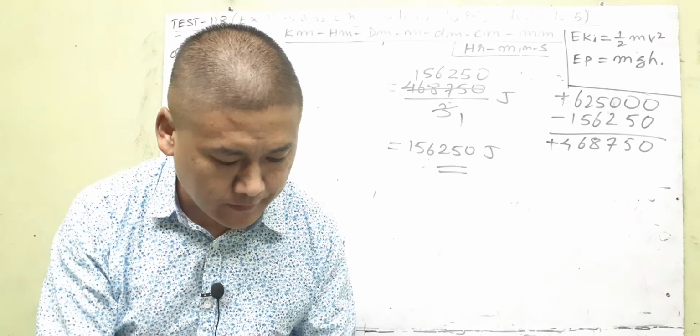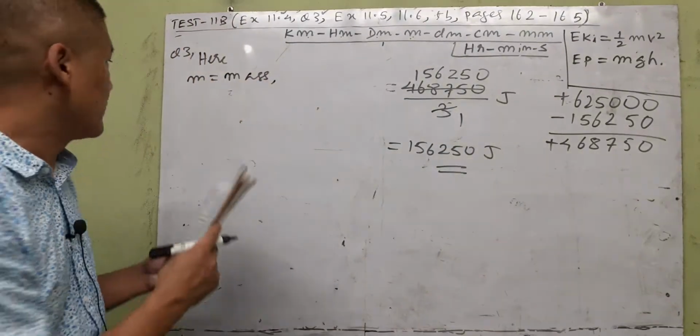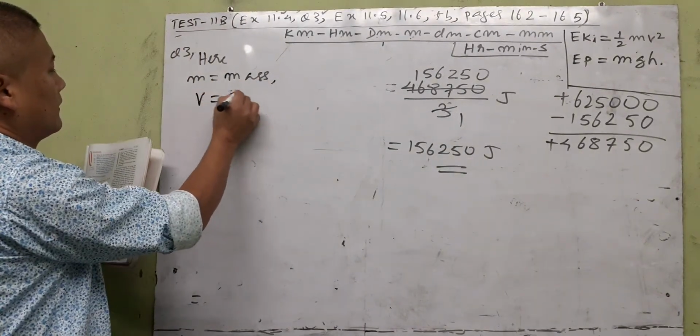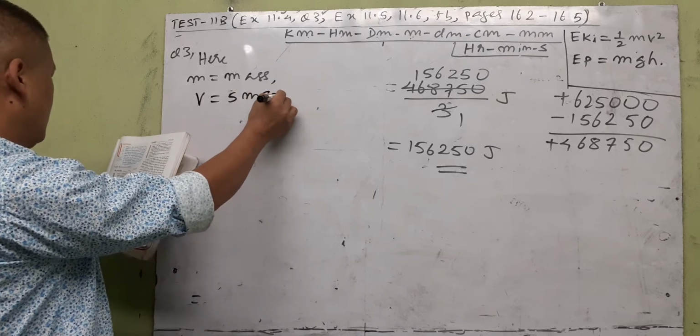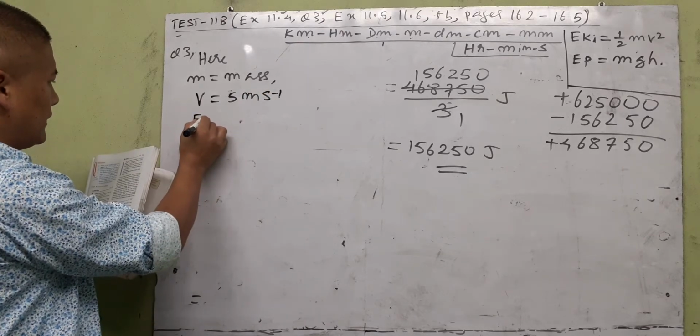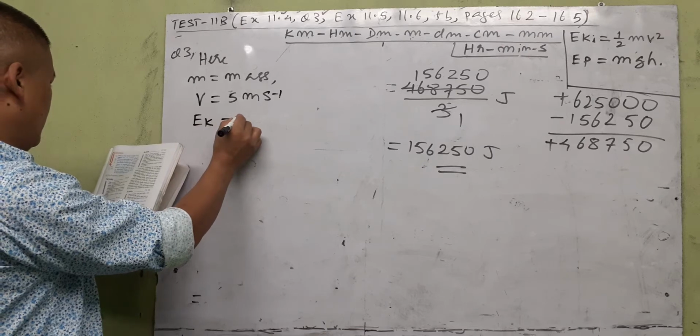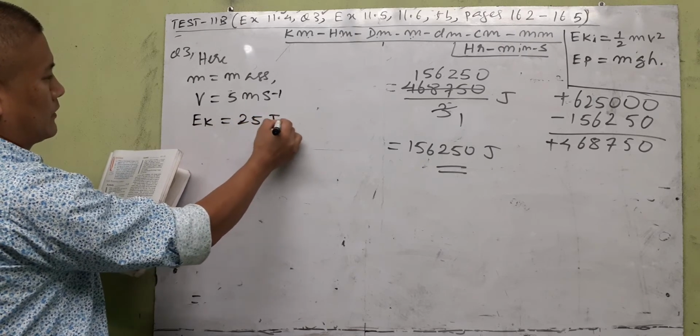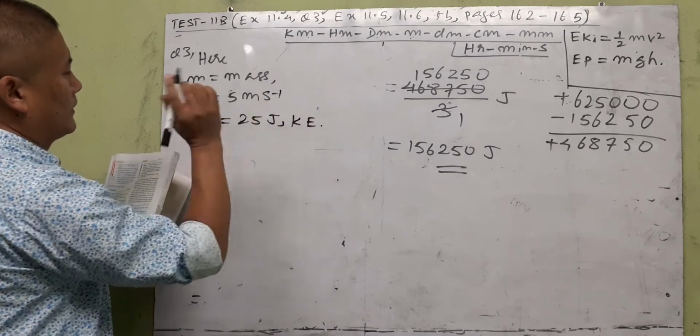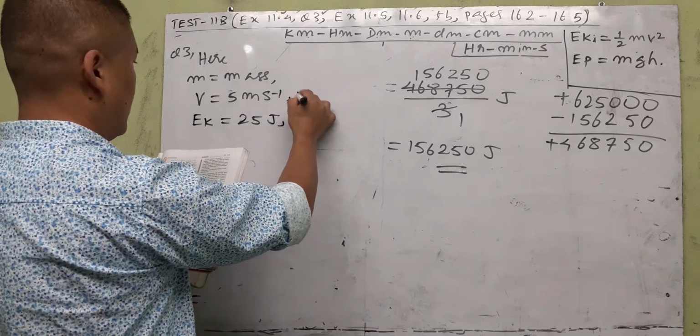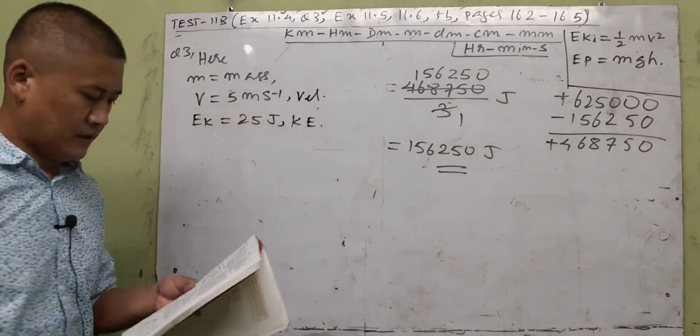Kinetic energy of a mass m, moving with velocity v, 5 meter per second, is 25 joule, meaning that is the kinetic energy. Ek is 25 joules. This is the kinetic energy. This is the velocity. This much is given.